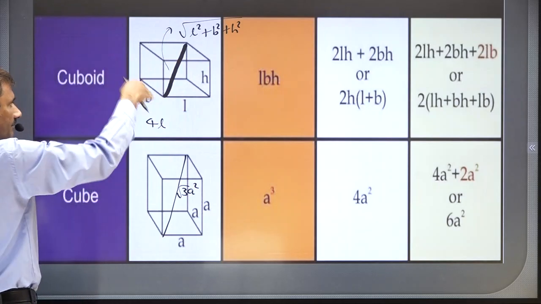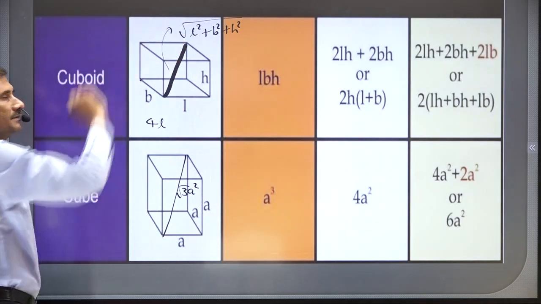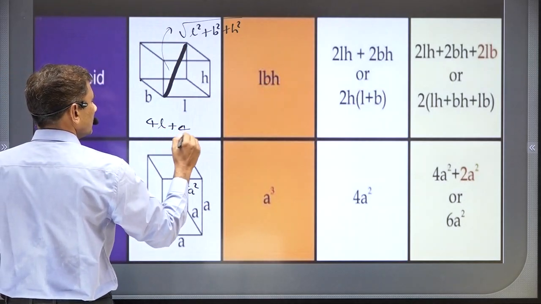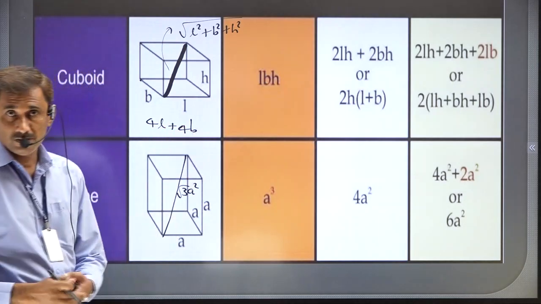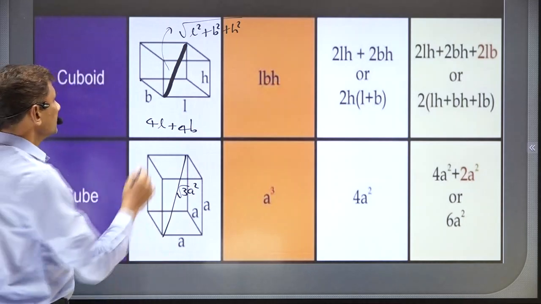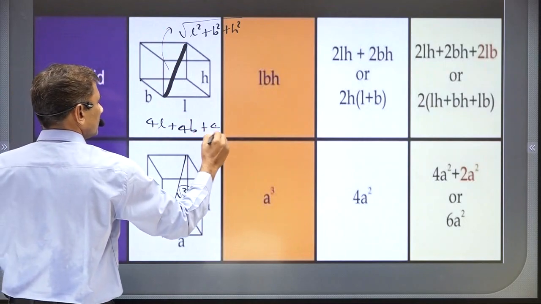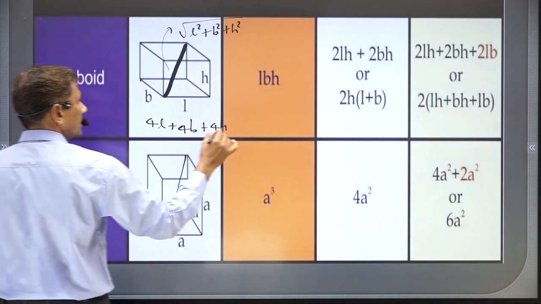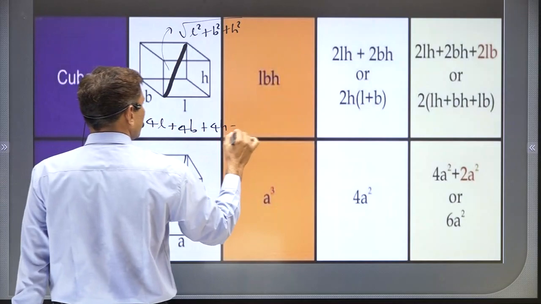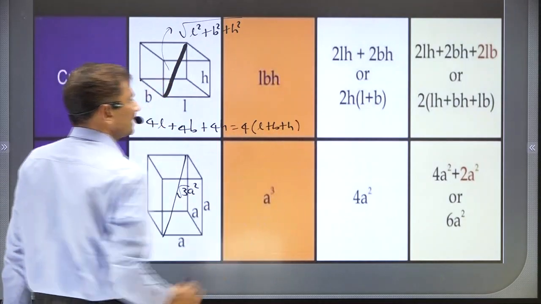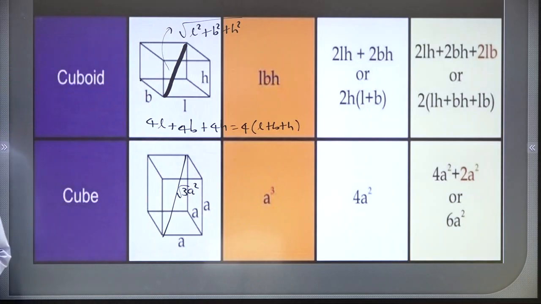Same way B, B and B, B, 4B are also there. I am finding here the total length of all edges. Same way height 1, 2, 3, 4. So if you take common here, then it will be 4 common, so 4 times L plus B plus H, meaning each side comes 4 times.